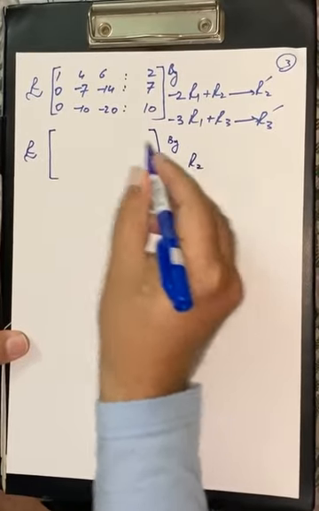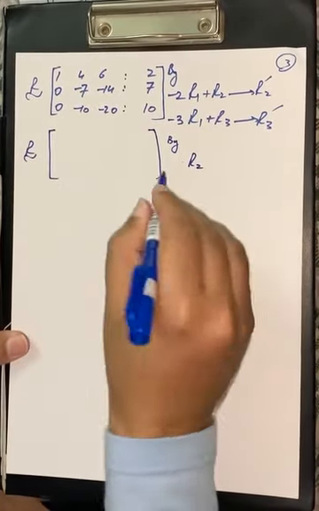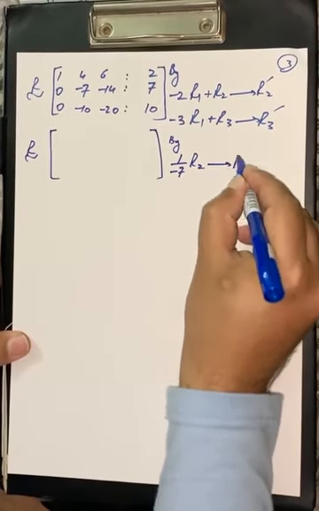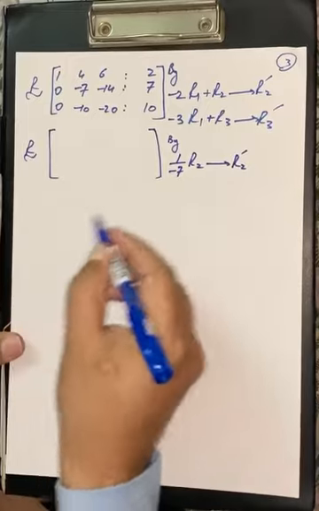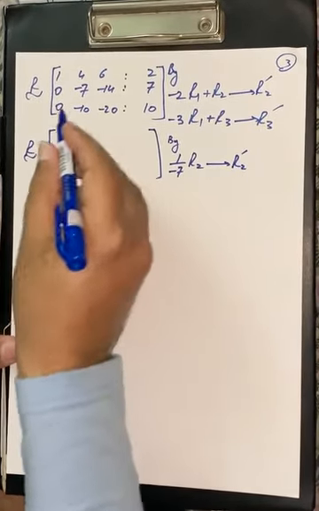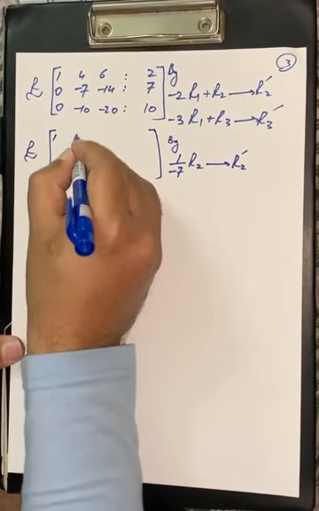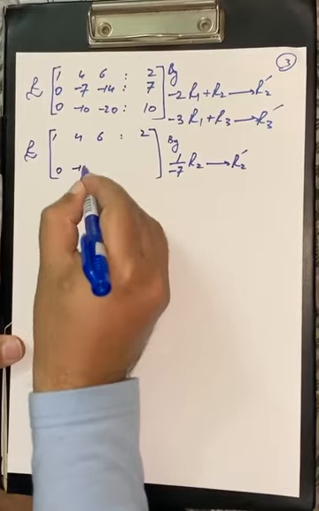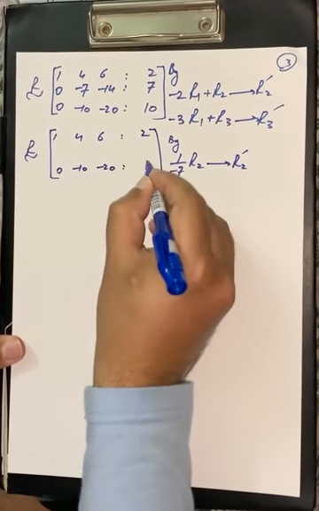We divide row 2 by minus 7, that is 1 by minus 7, so it gives me row 2 dash. Only row 2 changes in the division. So we write the remaining rows the same: 1, 4, 6, 2; 0, minus 10, minus 20, 10.